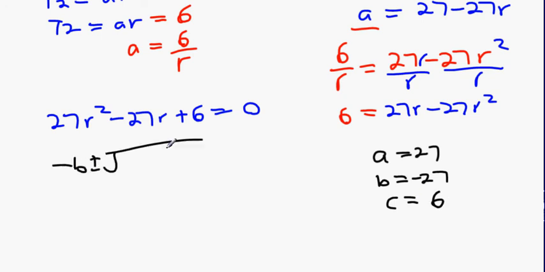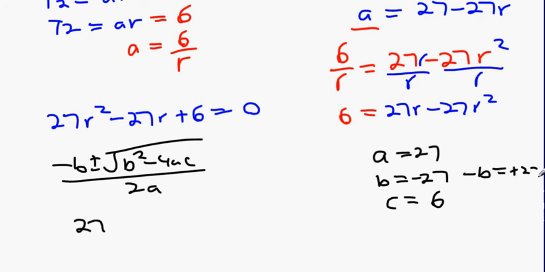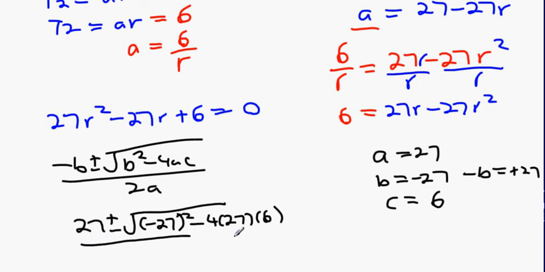Minus b plus or minus the square root of b squared minus 4ac, all over 2a. So we're going to get plus 27, because minus b equals plus 27, plus or minus the square root of b squared, which is minus 27 squared, minus 4 times 27 times 6, all over 2a, which is 2 times 27.